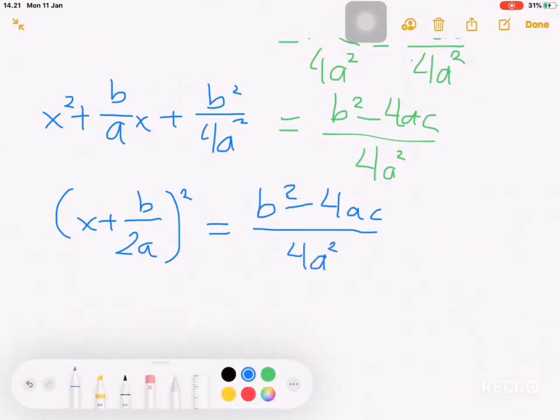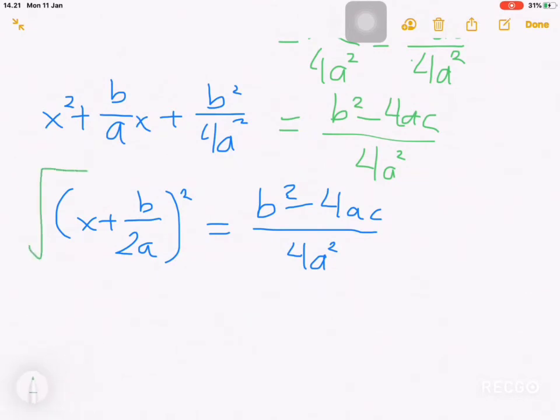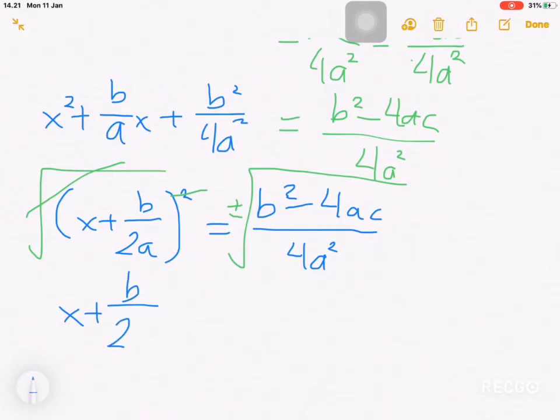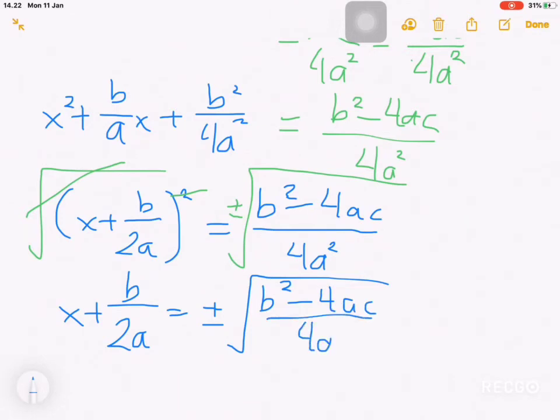And next we can take the square root of both sides, and remember to take the plus or minus sign right there. So the square root and the square will cancel, leaving us with x plus b over 2a, and this is equal to, well, this monstrosity here over 4a squared.